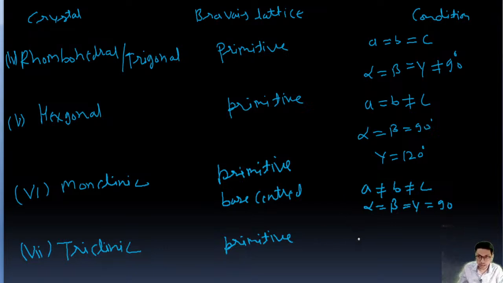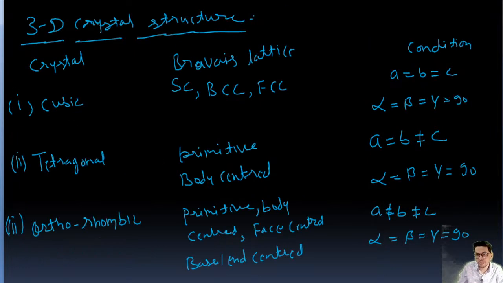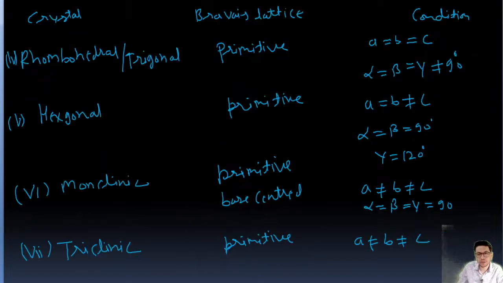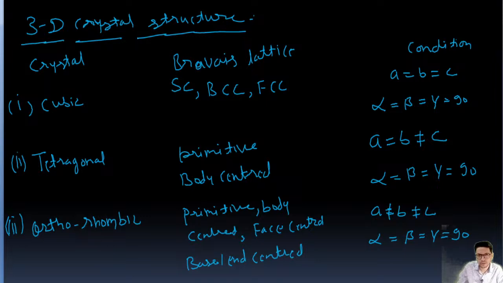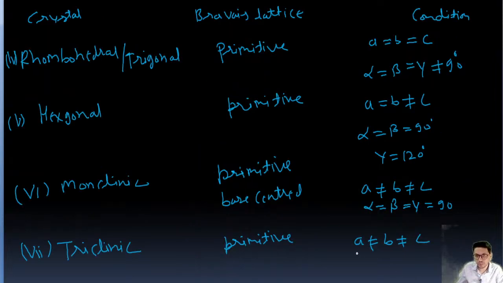Here A not equal to B not equal to C. And for the angle condition in triclinic, alpha not equal to beta not equal to gamma and not equal to 90 degrees. Alpha, beta, gamma are not equal and they are not equal to 90 degrees.